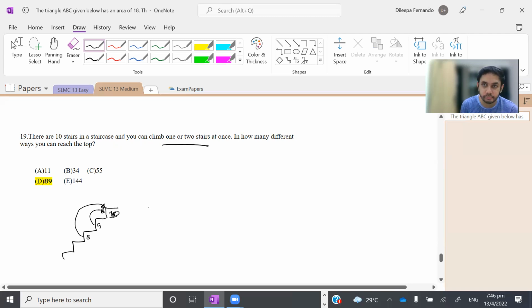So if we name F10 to be the number of ways that you can reach the top, it can be from the 9th stair, or from the 8th stair, and you have the number of ways to reach 9, and the number of ways to reach 8. So these two are independent, because the number of ways to reach 8, and then it's like reach 8 and then 10. So this is one event.